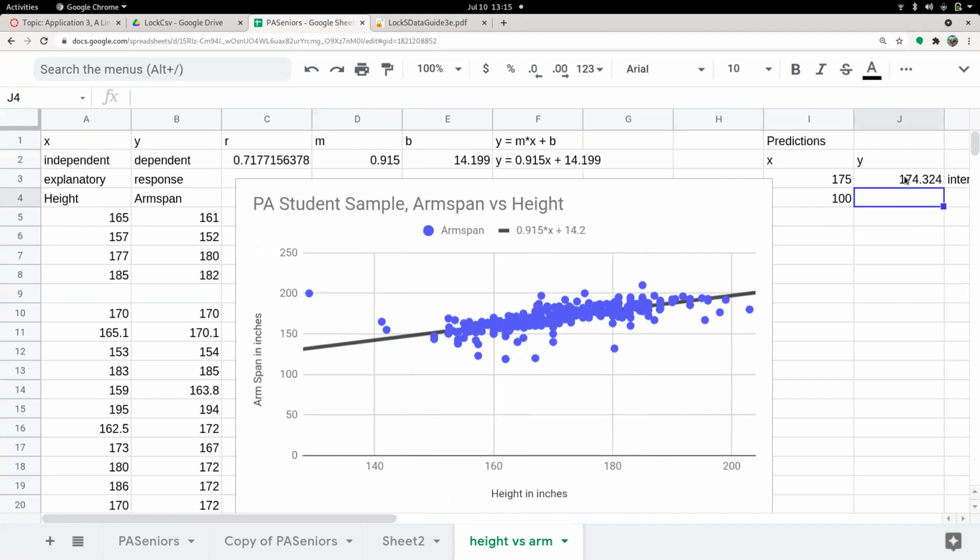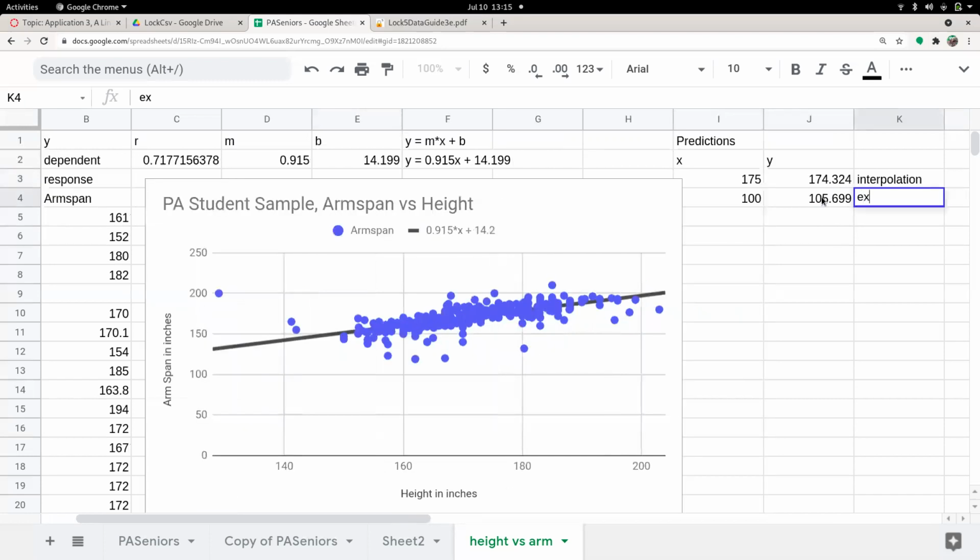So let's do the calculation. I can just fill this one down. Okay, so this says if I find somebody with a height of 100 centimeters, then their arm span should be about 106 centimeters. That is an extrapolation. The question is it reasonable? And the answer here is maybe. Is it within my realm of knowledge?